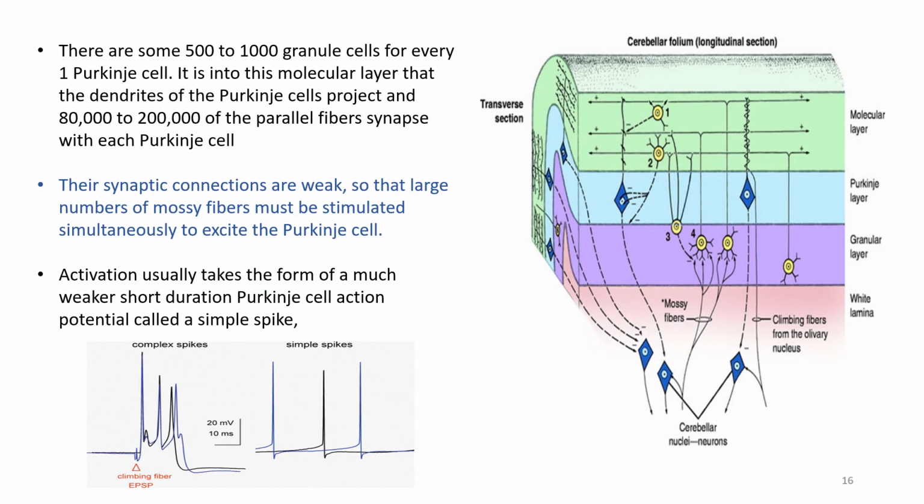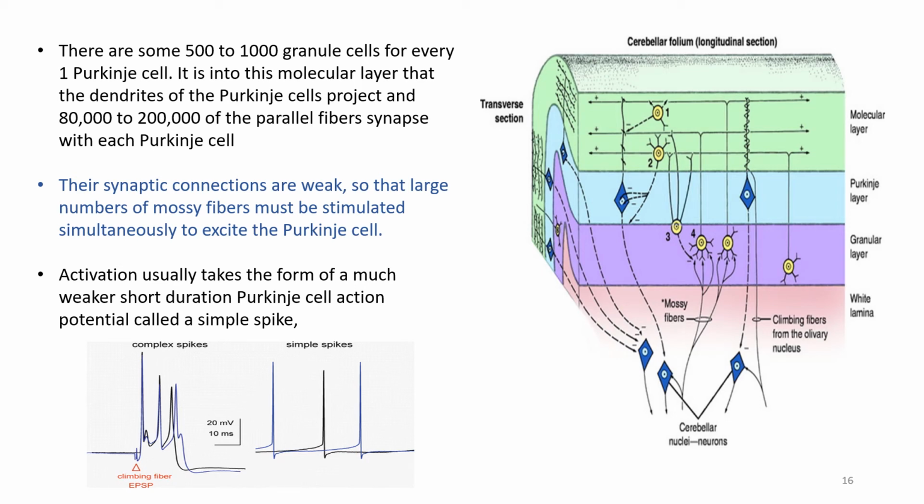There are some 500 to 1000 granule cells for every one Purkinje cell. It is into the molecular layer that the dendrites of the Purkinje cell project, and 80,000 to 200,000 of the parallel fibers synapse with each Purkinje cell. The synaptic connections are weak, so a large number of mossy fibers must be stimulated simultaneously to excite the Purkinje cells.